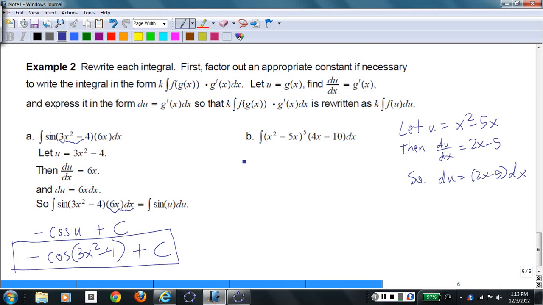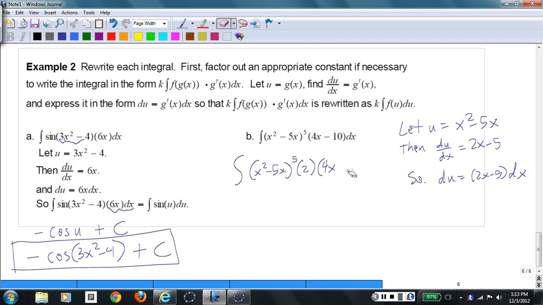What we have here is the integral of x squared minus 5x to the 5th power times 2 times 2x minus 5 dx. So look inside that integrand and everything looks good. x squared minus 5x, I can pick that up and replace it with a letter u. The 2x minus 5 quantity times dx, I can pick that up and replace it with du.